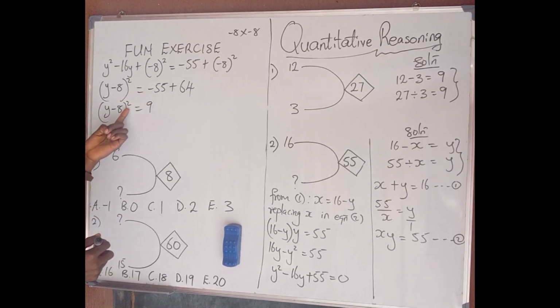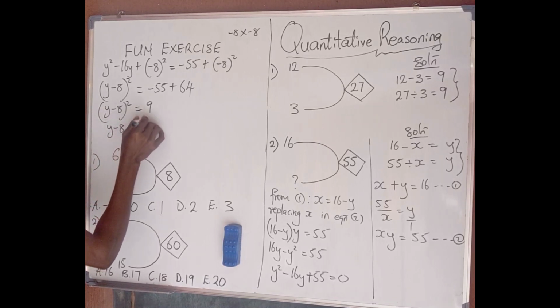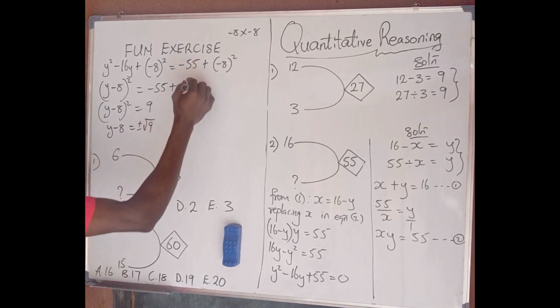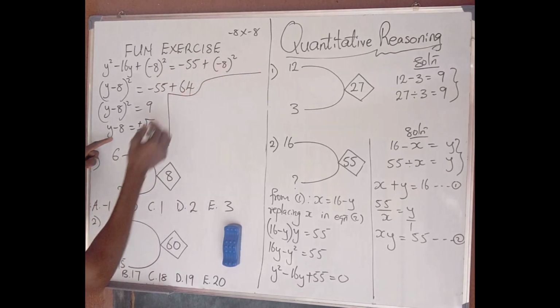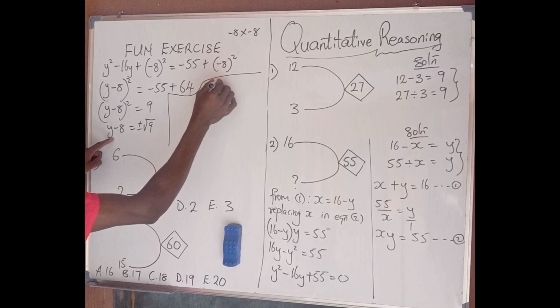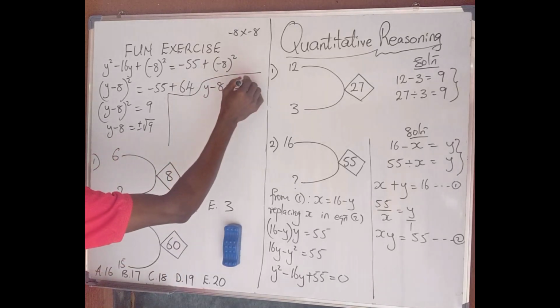So I need to square root both sides so that this square will come to this side. If I square root both sides, I will have y minus 8 equals plus or minus the square root of 9. What is the square root of 9? The square root of 9 is 3.